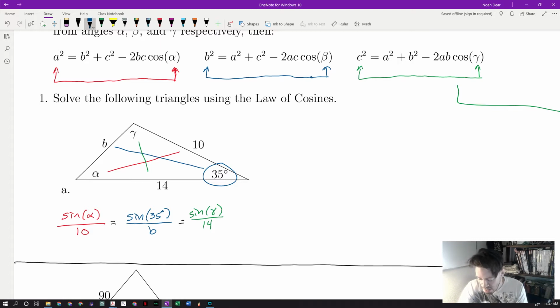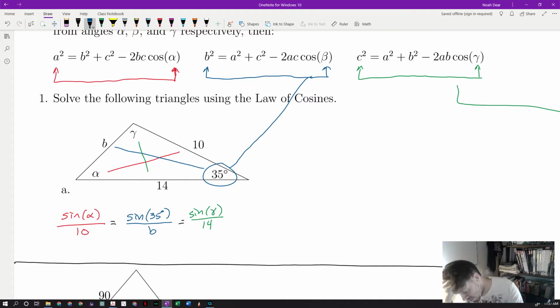Okay, so if we're going to use the law of cosines, where I've kind of ruled out law of sines, it's not working here, which of these law of cosines forms do I want to use? Well, if an angle is involved here, I want to use the one that uses that angle. So that means I want to use the b squared equals a squared plus c squared minus 2ac cosine of beta, because 35 degrees is across from b.